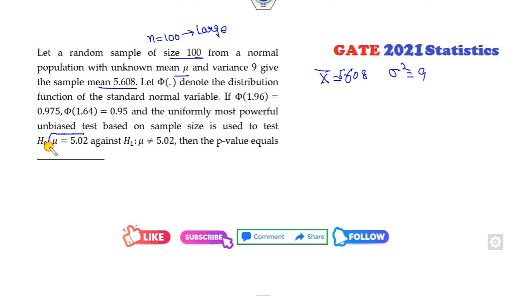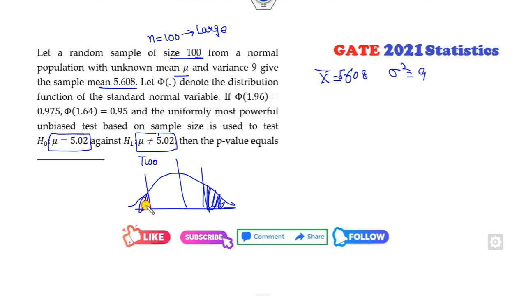You are talking about the mean, and again it is a two tail test, so you are talking about this case and this one. So large sample means a z test: x bar minus mu over sigma by root n. X bar is 5.608. What is the mu? 5.02, divided by sigma, which is 3, over root of n, which is 100, so it's 10.